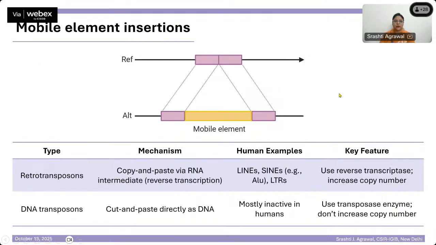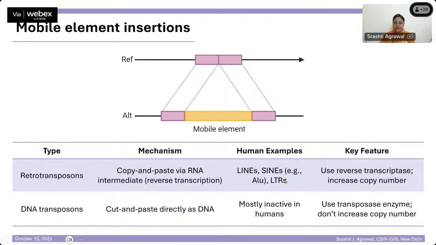Then we have insertions of mobile elements. These mobile elements are basically jumping DNA, which can jump from one place in the genome to another. And evolutionarily, it has many functions. But in humans, mostly retrotransposons are currently functional, and they copy and paste via an RNA intermediate, that is, reverse transcription.